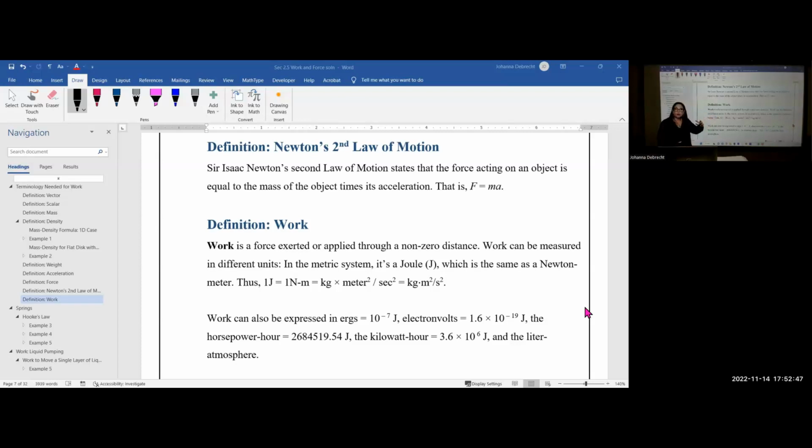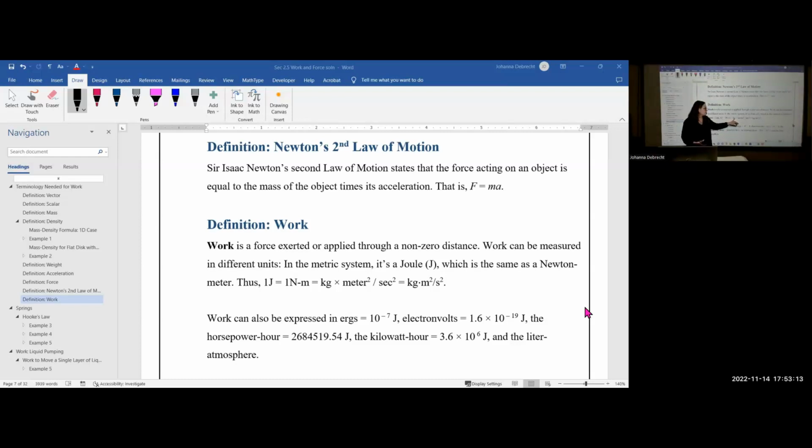So we think of this as a force through a distance. And this becomes work is equal to force times the distance through which it moves. Now, it can also be measured in different units. In the metric system, it's a joule. Now, a joule is a Newton meter. So that's the force, Newton, times the distance through which it moved, 1 meter. So a Newton meter is a joule, and it's often written something like this.